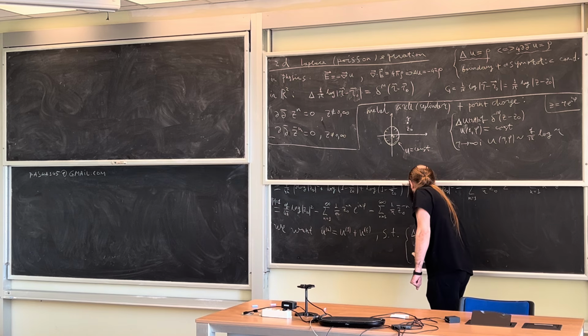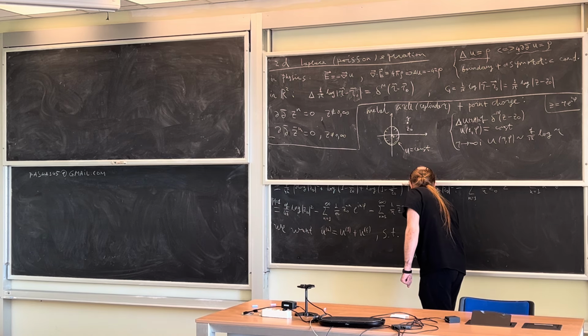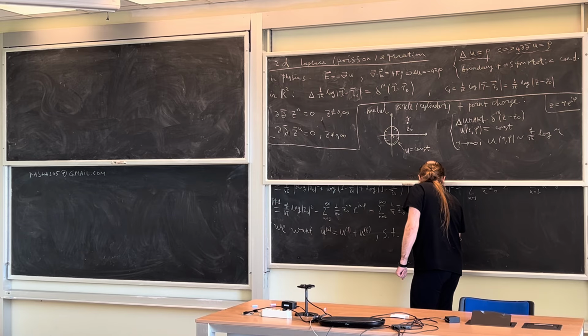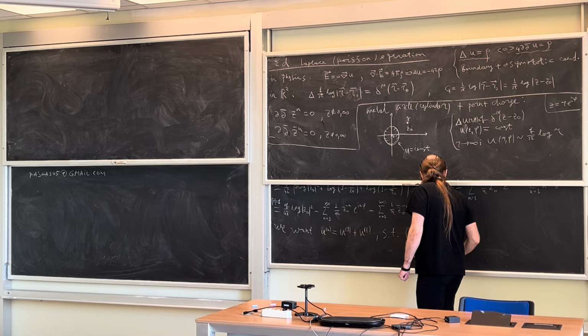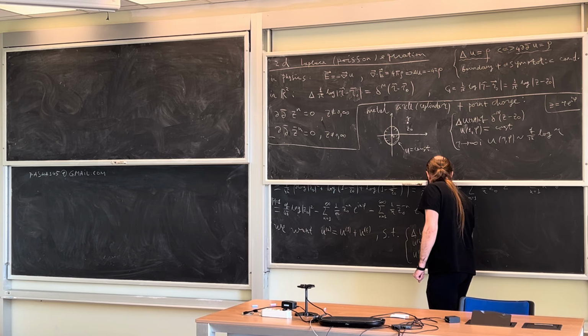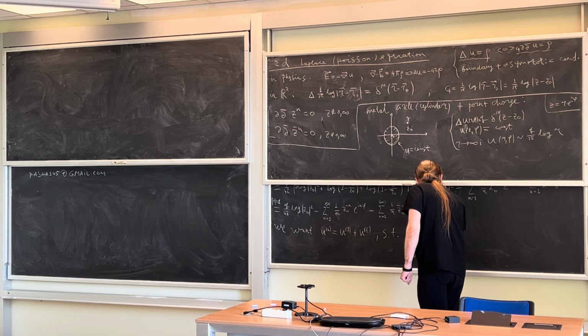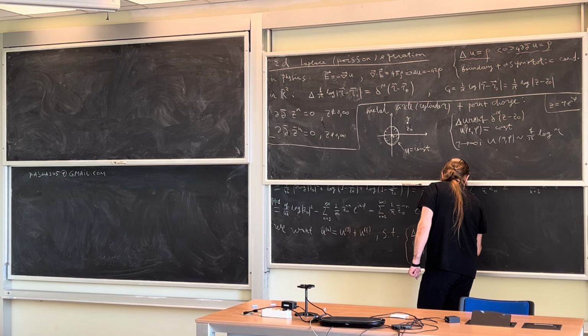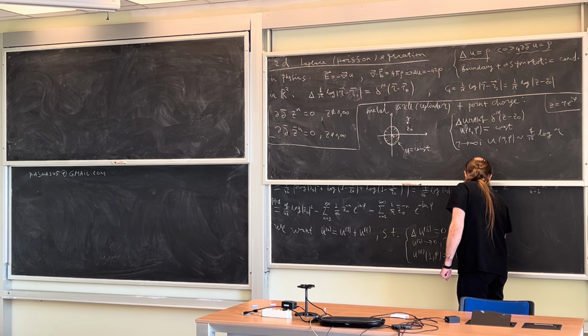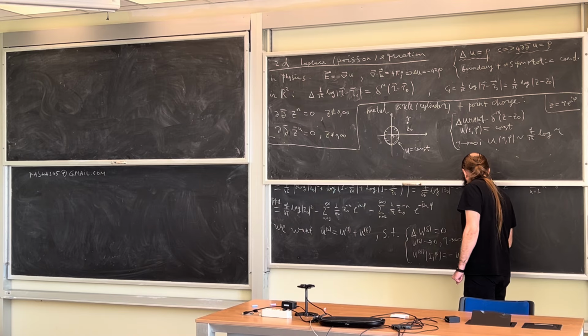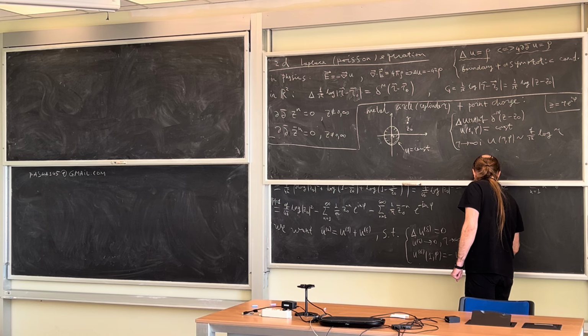So we need to ask that this correction, u delta of 1, phi, is minus u1 of 1, phi, plus in principle some constant.